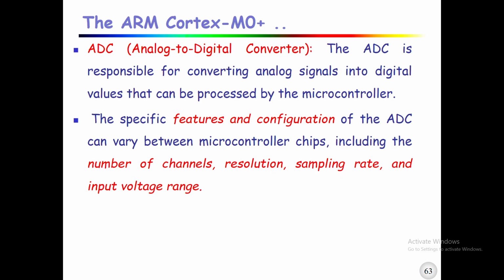And the other thing is the analog to digital converter, which is responsible for converting these analog signals into digital values that can be processed by the microcontroller. The specific features and configuration of this device vary between microcontrollers, including the number of channels, resolution, sampling rate, and input voltage ranges.